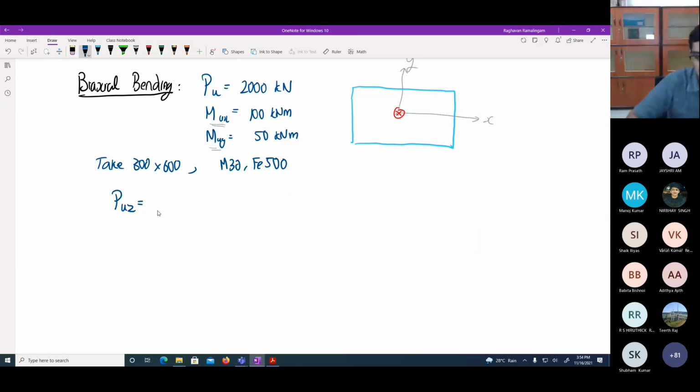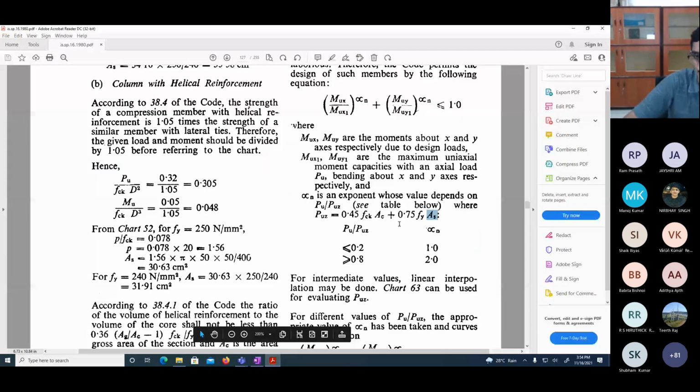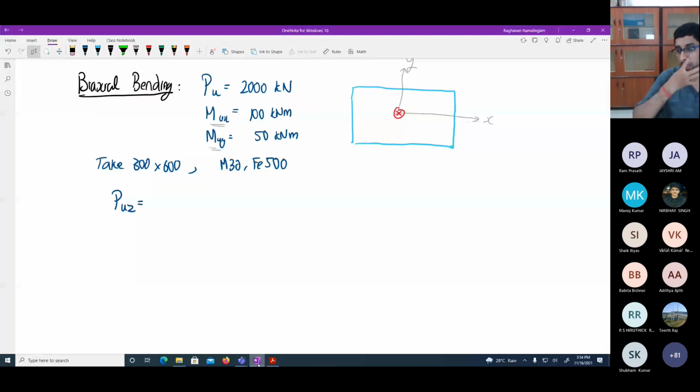Puz, it's easy to remember the formula. Previously you had 0.4 fck Ac plus 0.67 fy Asc. Here it becomes 0.45 and 0.75. The constants are different because you have two directions of bending, so it's a bit relaxed from the previous formula.